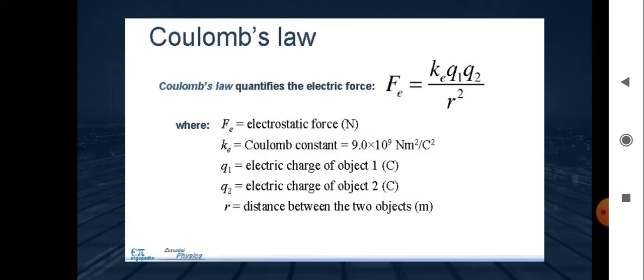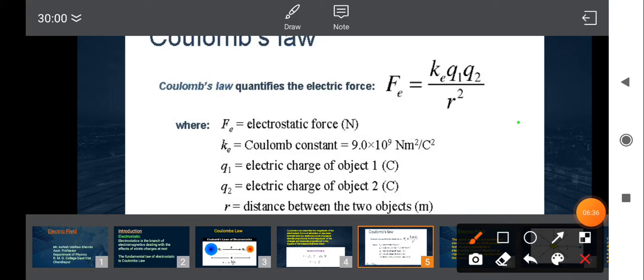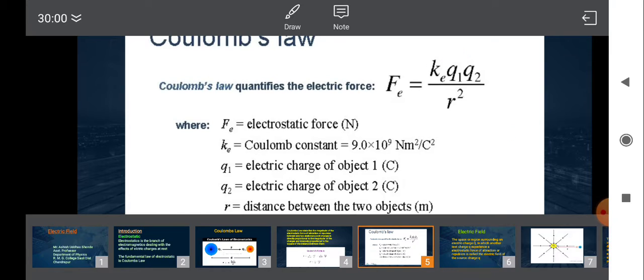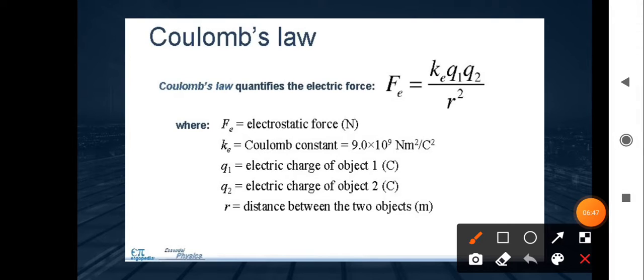In Coulomb's law, the quantities are: Ke, that is the Coulomb constant, whose value is 9.0, that means 9 into 10 raised to the power 9 Newton meter square per Coulomb square.